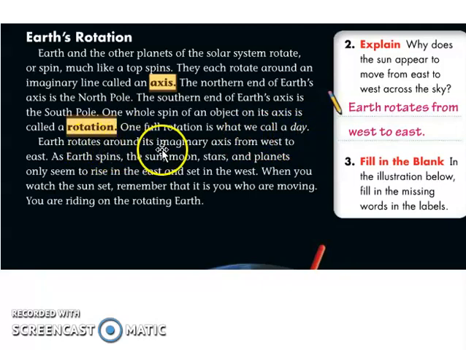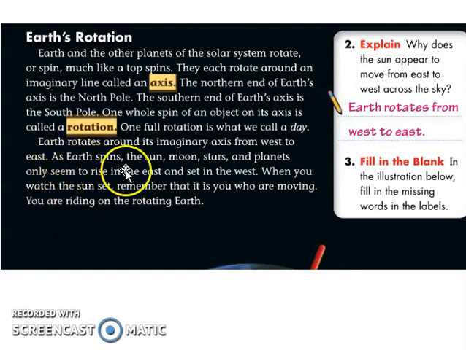Earth rotates around an imaginary axis from west to east. Take note of that: the Earth is rotating from left to right, or from west to east.